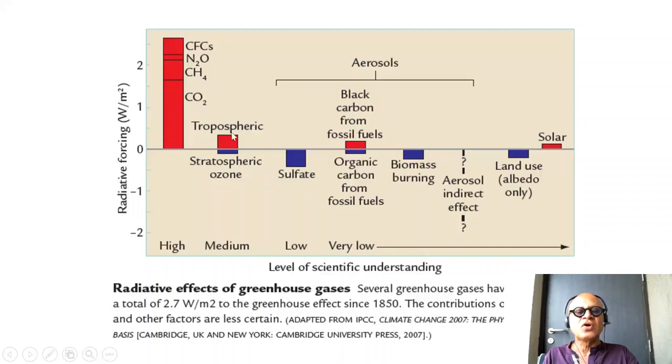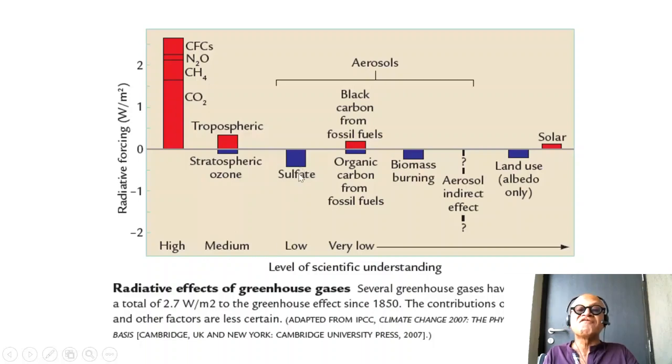Stratospheric and tropospheric ozone. Stratospheric ozone is great because it absorbs UV and energy, so it actually provides a small negative forcing, cools the atmosphere, whereas tropospheric ozone, which is produced from precursors like methane and carbon monoxide, water vapor, and so on, is bad for health, but also a greenhouse gas, so that has a contribution with which we have medium confidence.